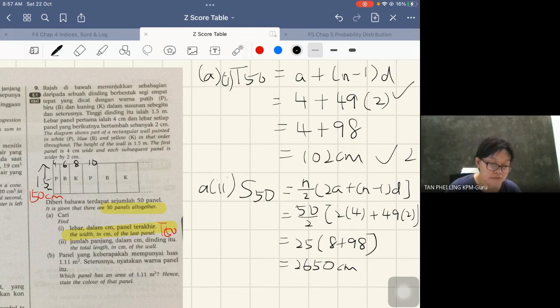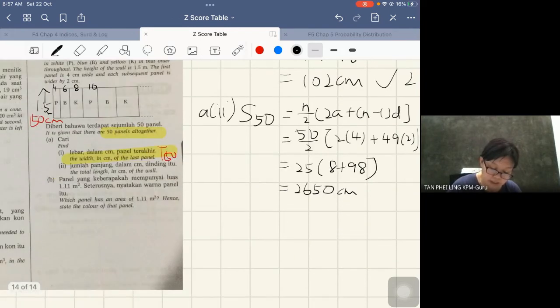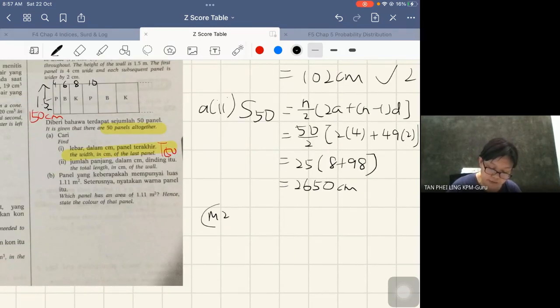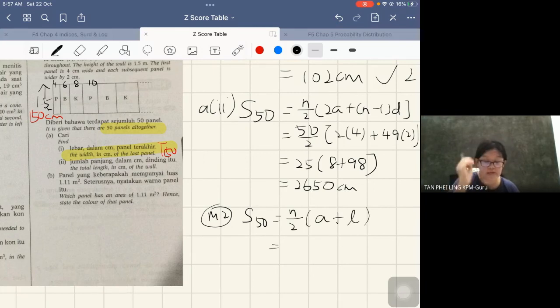Everybody got it? Or alternatively, a faster method, you can use S50 equals N over 2 bracket A plus L. Remember I taught you already? Because now you have the last panel that you have just found out in part A1. So you can do 50 divided by 2. The first panel is 4. The last panel is 102.